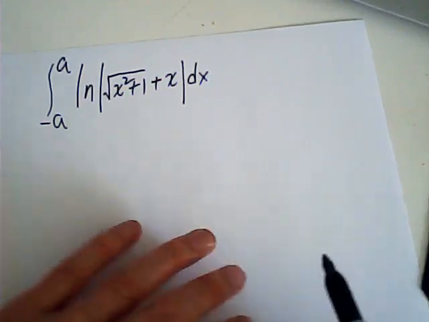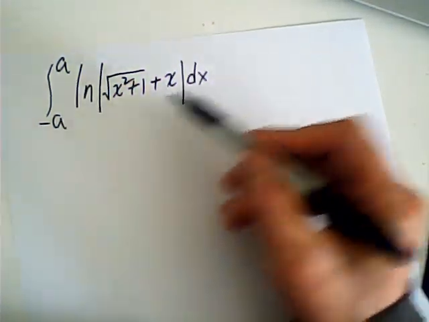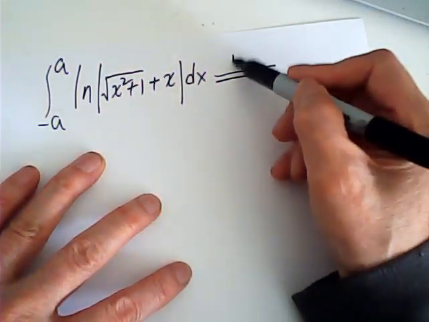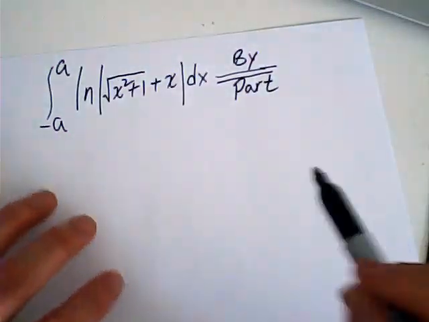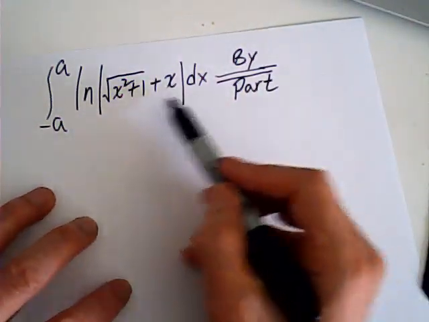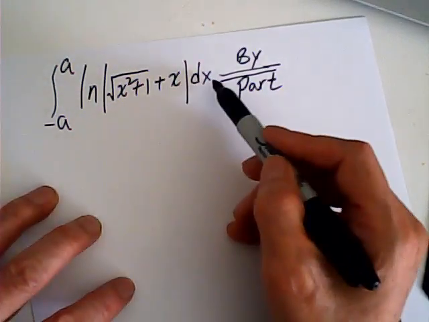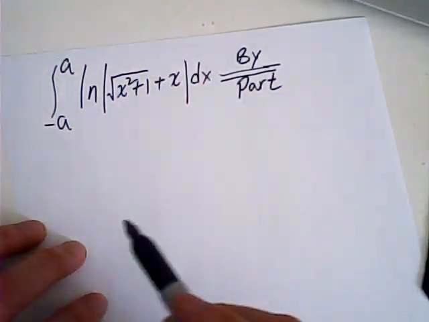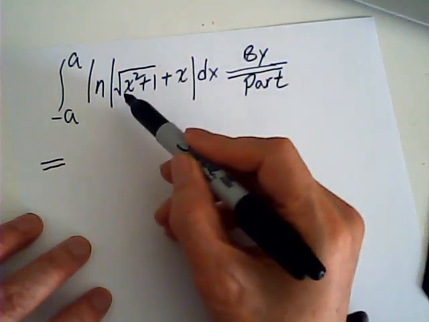Now, method 2. I'm using integration by parts. By parts, this is a u, right? Log of this altogether is u. And dv, v is x. So this one is equal to uv.